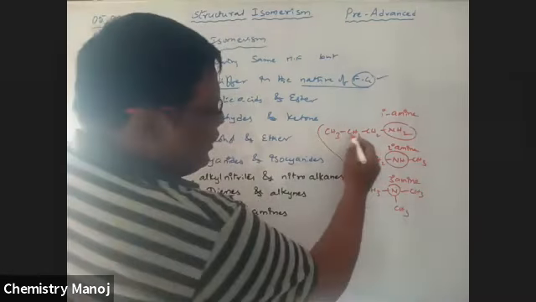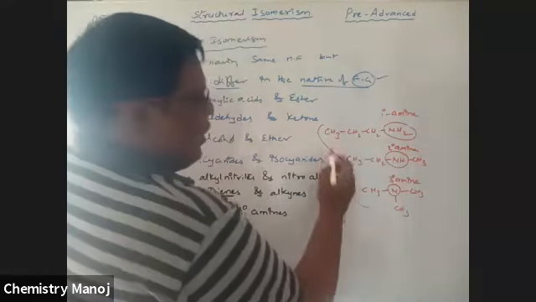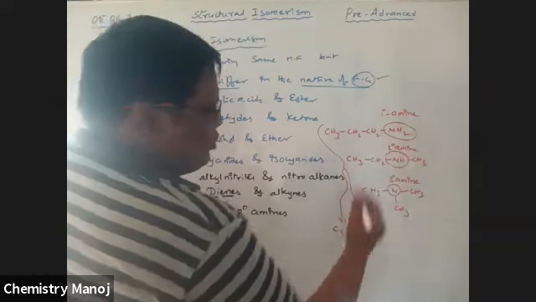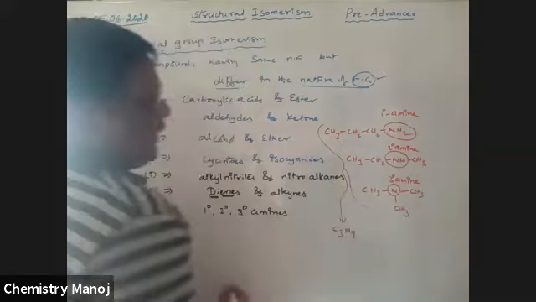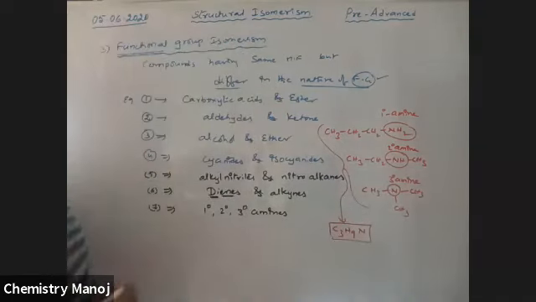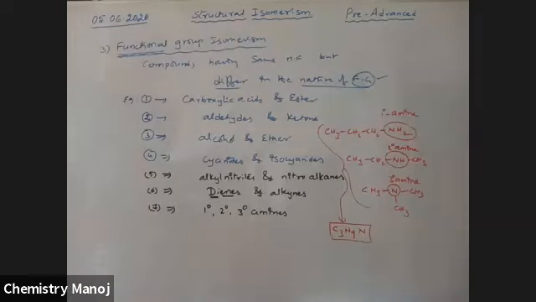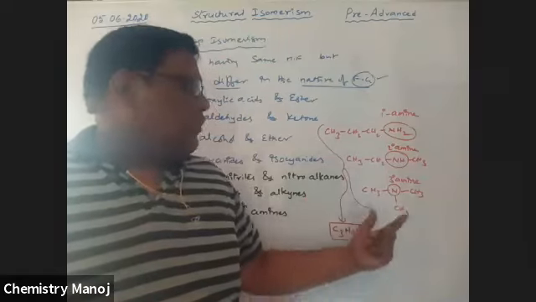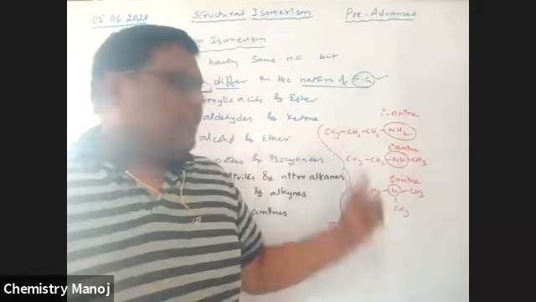For all these, how many carbons are there? 1, 2, 3, three carbons. Hydrogens: 3 plus 2 plus 4, no, 2 plus 2, that is 4, 7, 7 plus 2, 9. So C3H9N, one nitrogen.